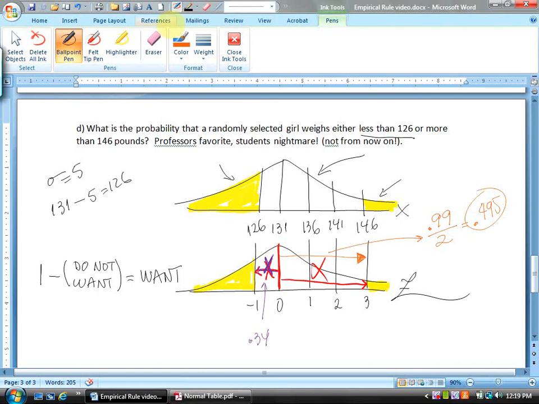So what are these numbers? These are the things I don't want. I don't want this, and I don't want this. So I have to throw them away. So here's the answer. 1 minus what I do not want. I don't want the 34 plus I don't want the 49.5. Those are the things I don't want. So 1 minus those two.